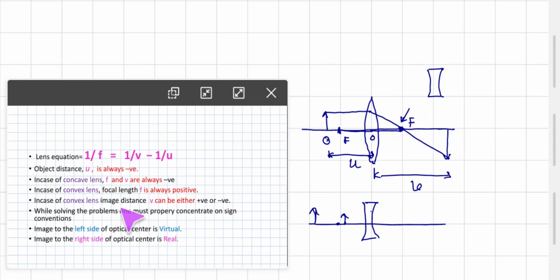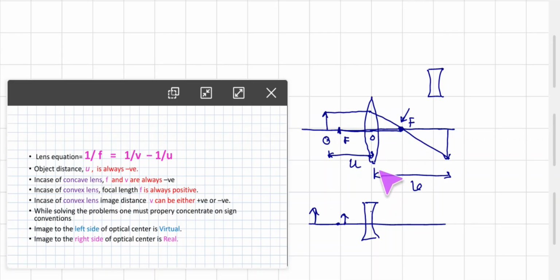Now in the case of a convex lens, image distance v can be either positive or negative. We already saw that if the image is real and inverted for a convex lens, the value of v will be positive, and if the object is placed between the focal length and optical center, the image will be to the left hand side, so obviously the image distance will be negative.